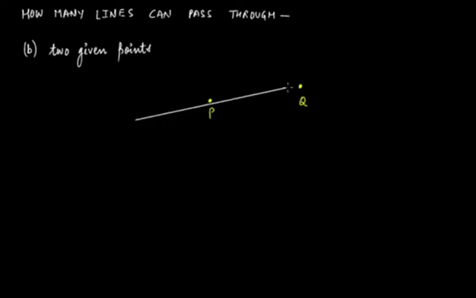There's only one line that is possible, and that's this one, right? Let's say this is L1. So if you have points P and Q, or any two points, there's only one line possible through two given points. It can't be 3, it can't be 4, and it cannot be countless. Just one and only one.